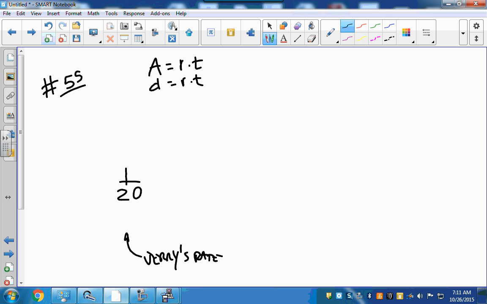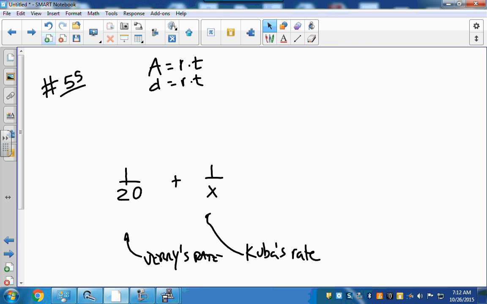And if the two of them work together, they can complete the job in 12 hours. How long will it take Kuba to lay the floor working alone? Okay, so we don't know Kuba's rate. We'll do 1/x. This is Kuba's rate. At these rates, if they work together, it takes them 12 hours.